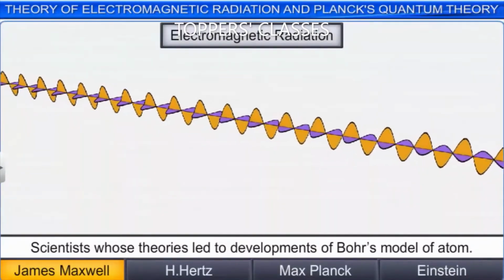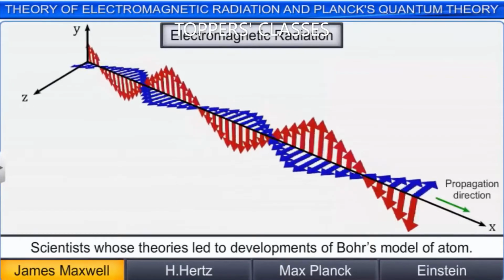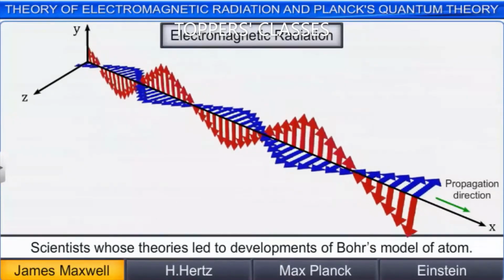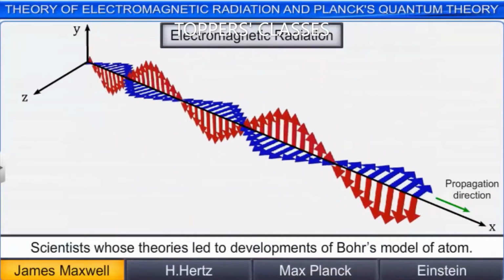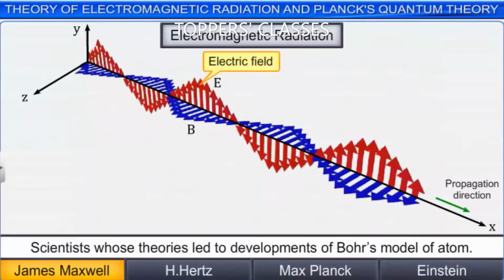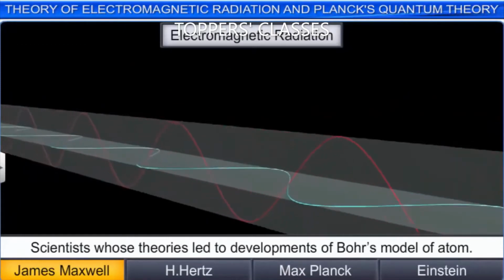This is suggested by James Maxwell. Note that the name electromagnetic radiations is attributed to the waves that consist of oscillating electrical and magnetic properties. An electromagnetic wave can be represented as shown.